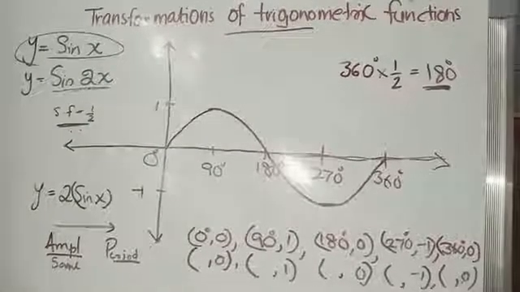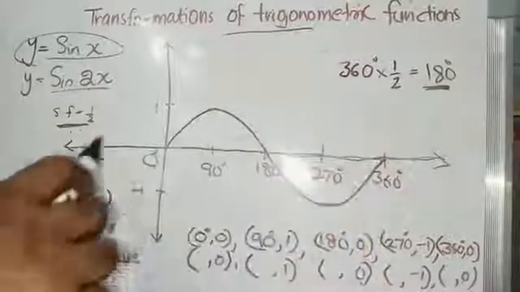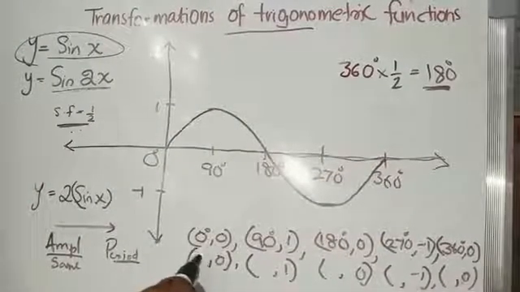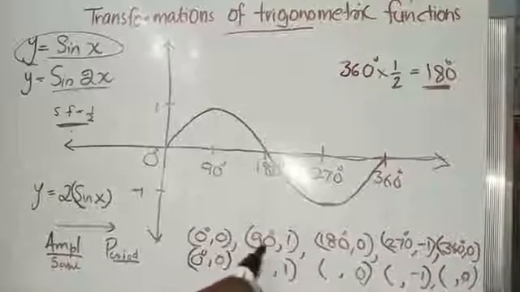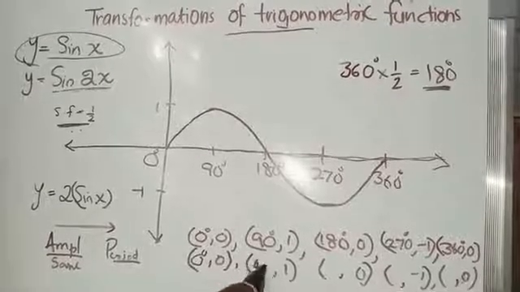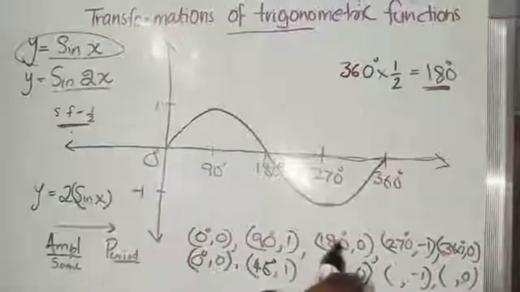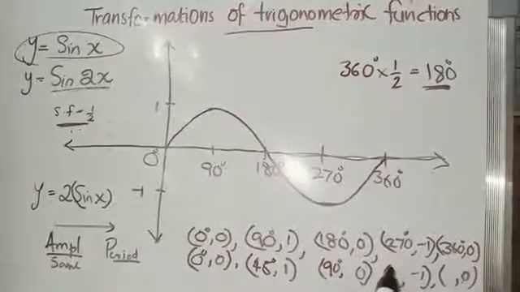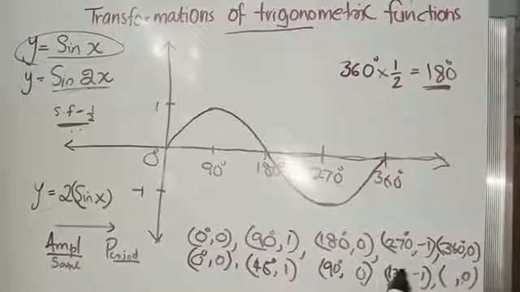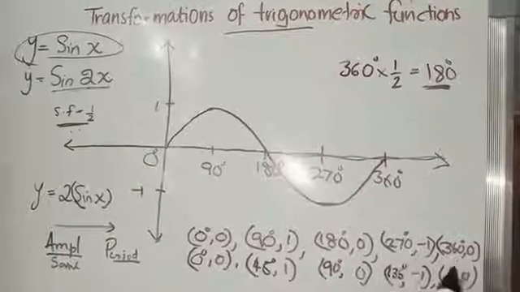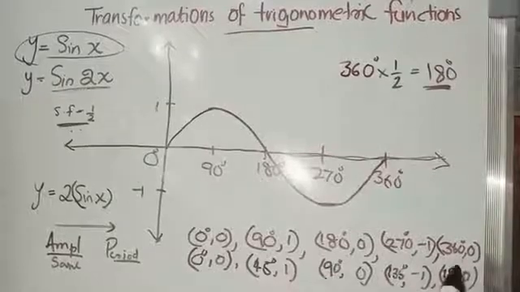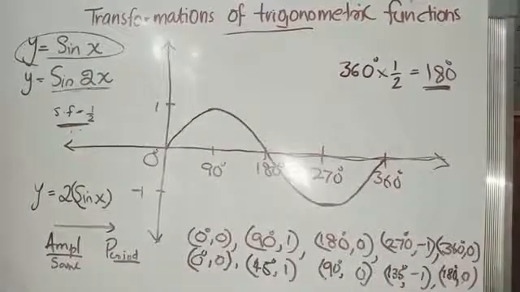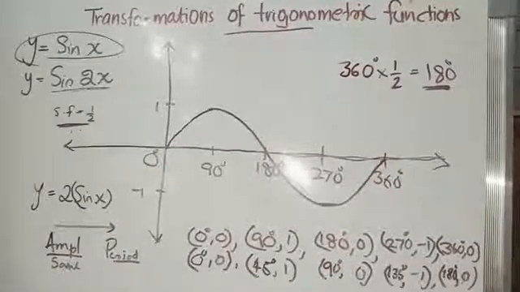This change happens to every angle. So 0 degree remains 0 degree. 90 degree changes to 45 degree, 90 into half. 180 changes to 90 degree. 270 changes to half of 270, which is 135 degree. 360 changes to 180 degree.